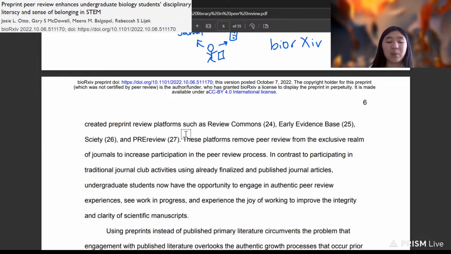But now with these new platforms, you can get feedback without having to consult a journal. And the reason why people might want to do this is because journals typically have their own mission or focus. And so if your research is not related to their mission, they won't look at it at all. So if you try to go to a journal for feedback, it might limit who you can try to get feedback from.